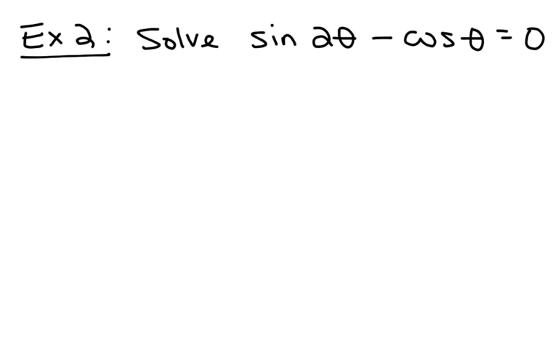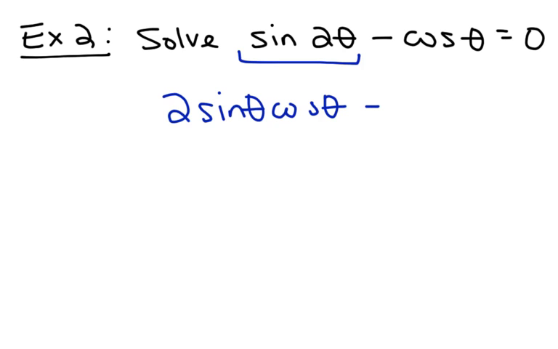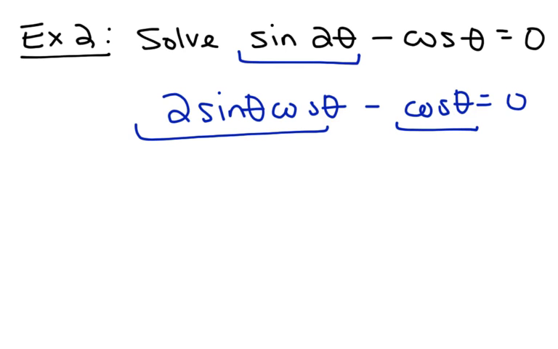Let's look at a different problem where we're going to factor again in a way that we factored in the last section. I want to solve sine 2 theta minus cosine theta equals 0. Well, we know that sine 2 theta by the double angle theorem is the same as 2 times the sine of theta times the cosine of theta. Now I have an expression that has two terms with a common factor.